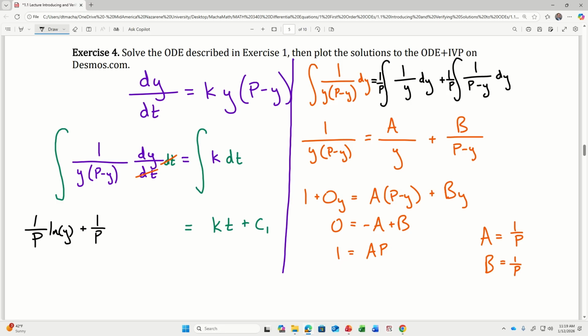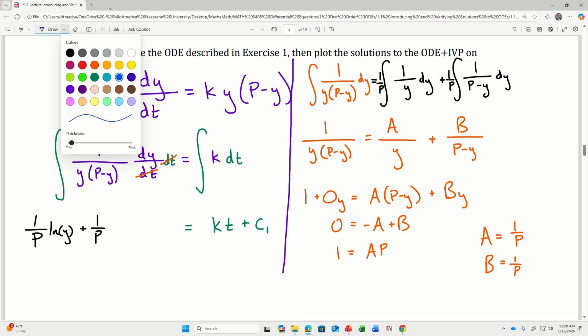What's the antiderivative of 1 over p minus y with respect to y? Negative ln p minus y. Yeah, I'm pretty sure.